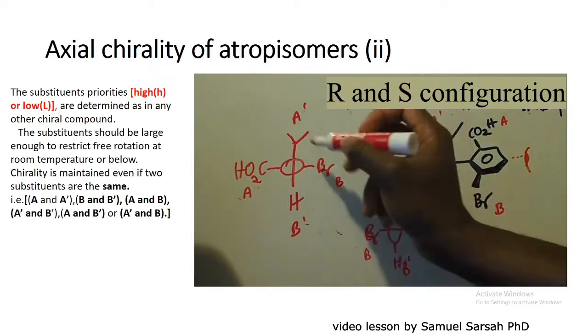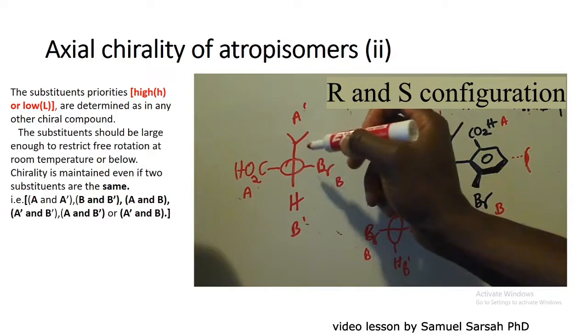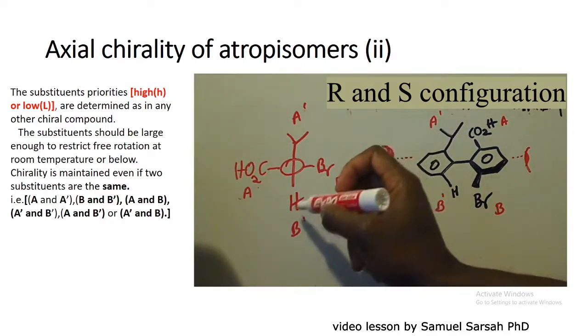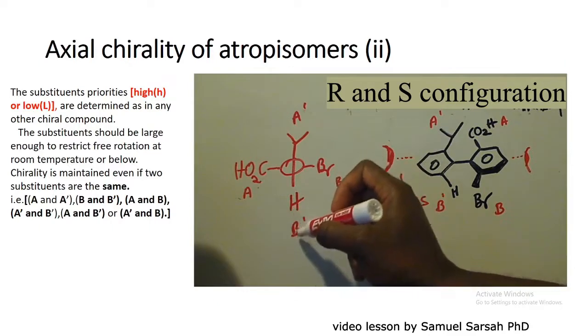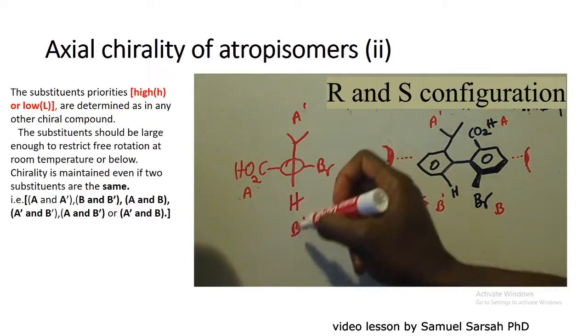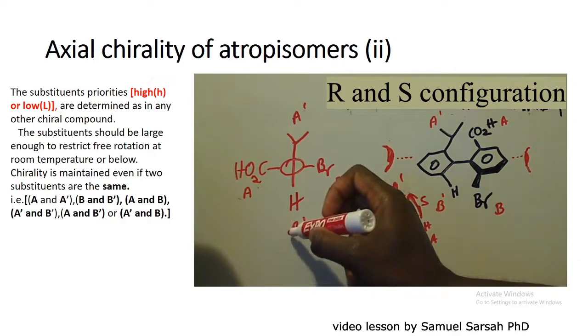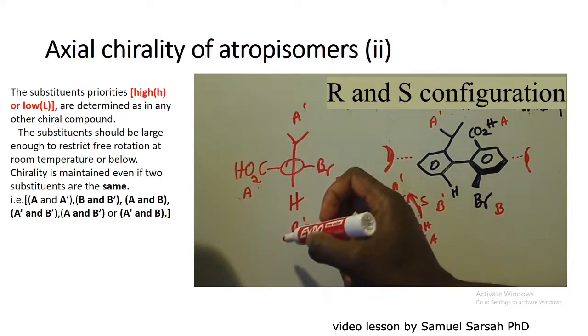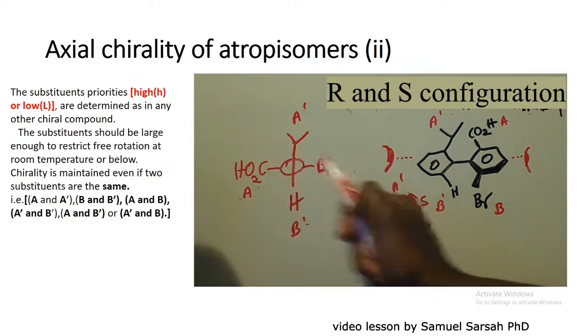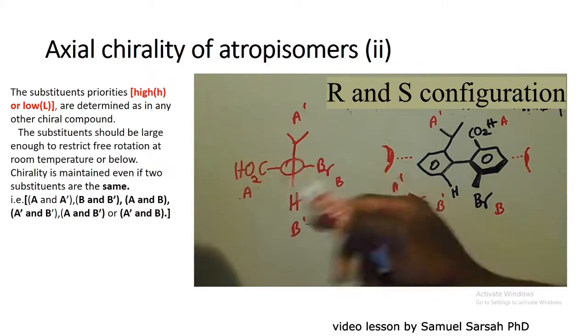Then I have to look at A and B, which one is lower in priority. So A prime and B prime, which one is lower in priority, of course, is hydrogen. So I have to start from B prime. And then I have to look at A and B, which one is higher in priority.